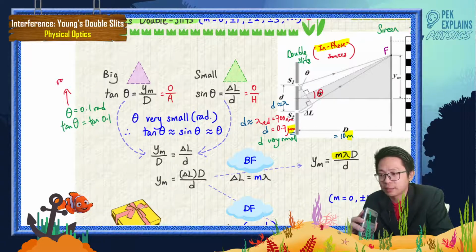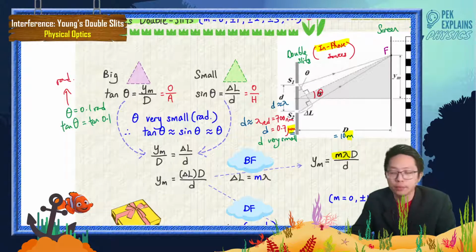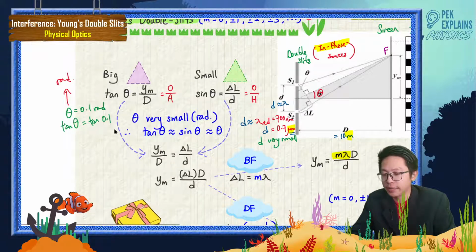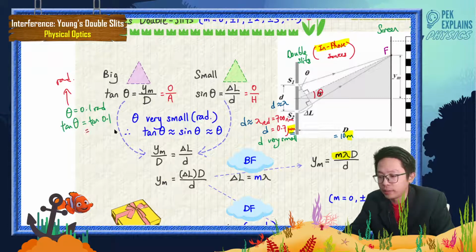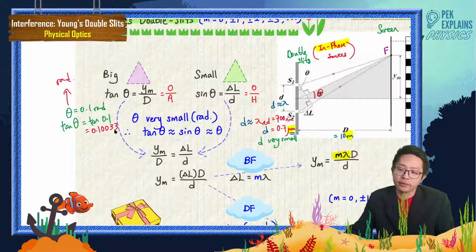Your theta must be in radian. So let's calculate tangent 0.1. What do you get? What I get from here is 0.10033.